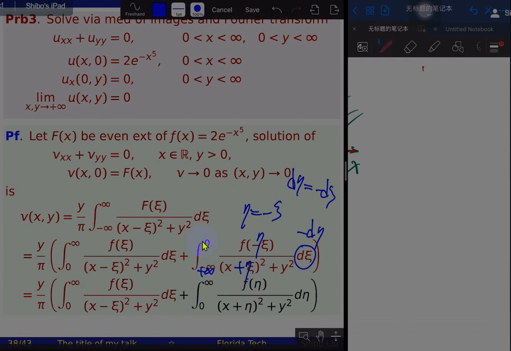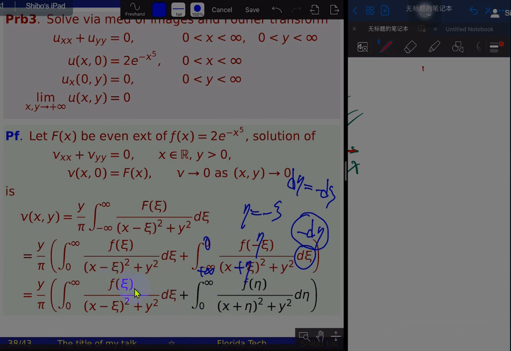When xi equals 0, eta equals 0. But the minus sign here we can use to reverse the upper and lower limits of the integral. Originally you integrate eta from positive infinity to 0, with the minus sign, and it can be written as integrating from 0 to infinity. That is our result in terms of f.